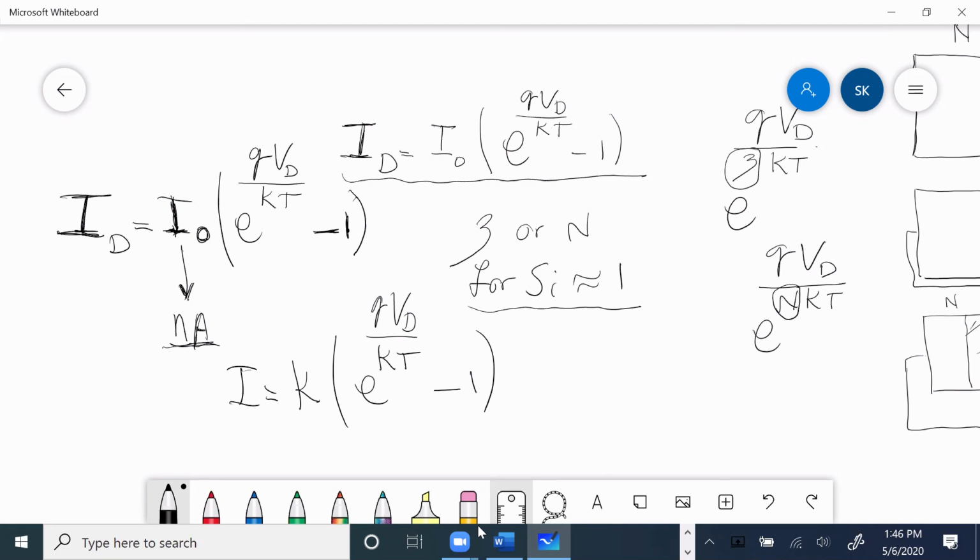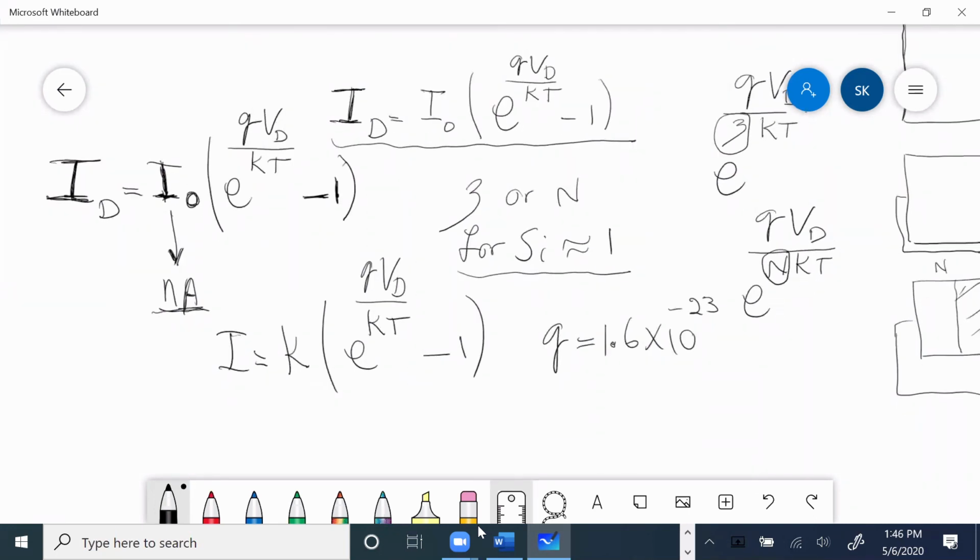Now, if I put Q equal to 1.6 times 10 to minus 19 Coulomb, sorry, it's just Coulomb, not per second. And K is 1.38 times 10 to minus 23.